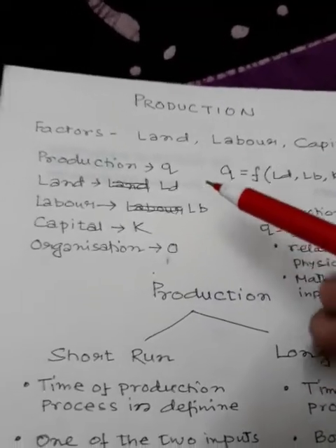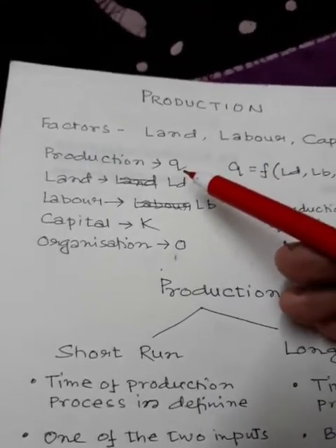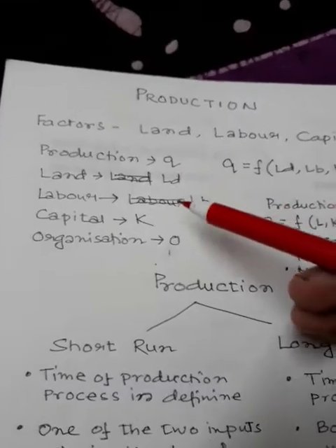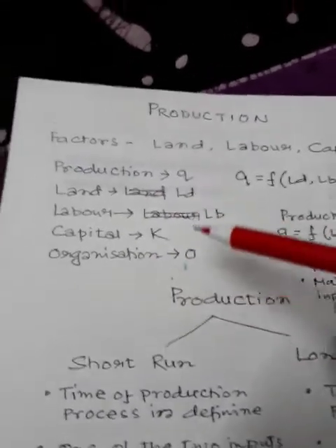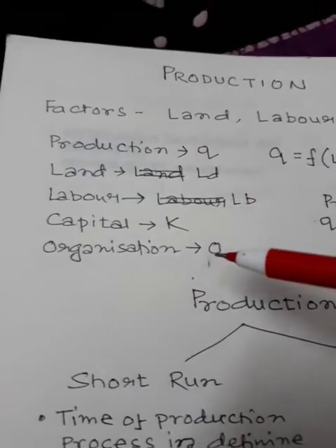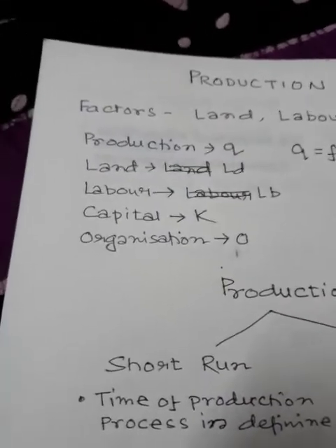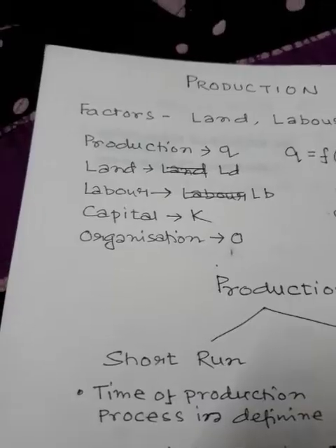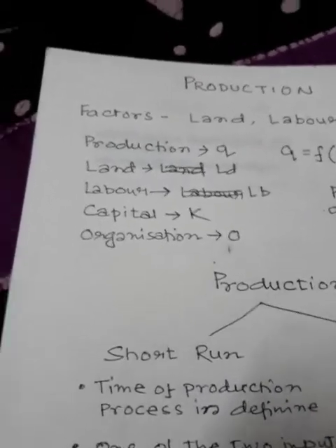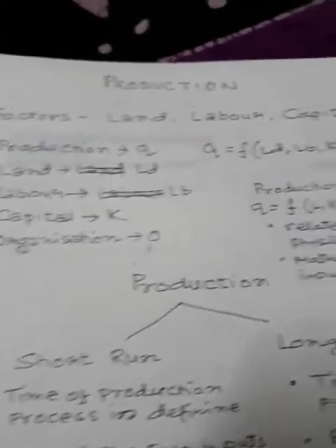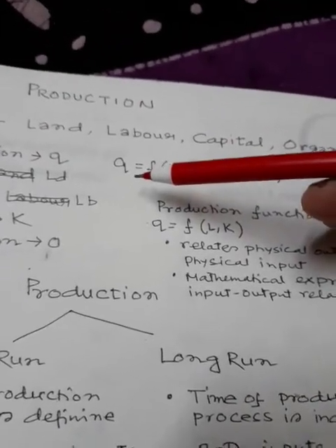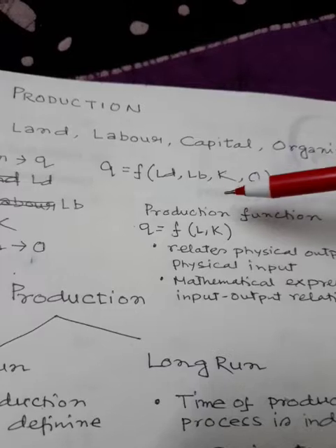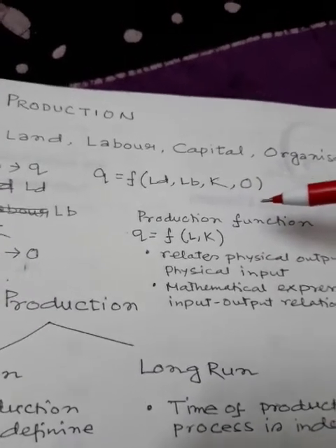Then we can easily say production is the dependent variable, and land, labor, capital and organization are independent variables. So, we can give a mathematical expression of this relationship: Q, the dependent variable production, is a function of land, labor, capital and organization.